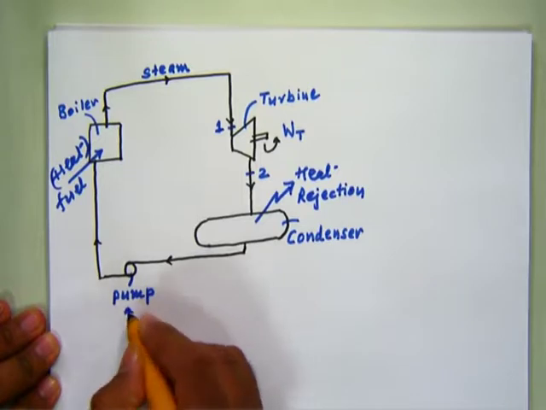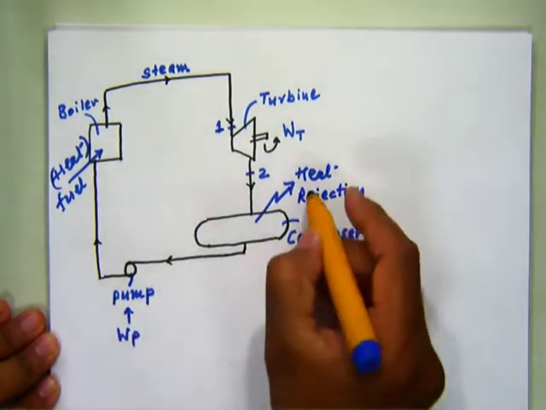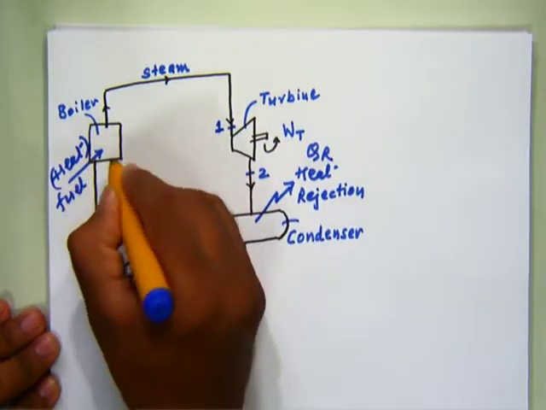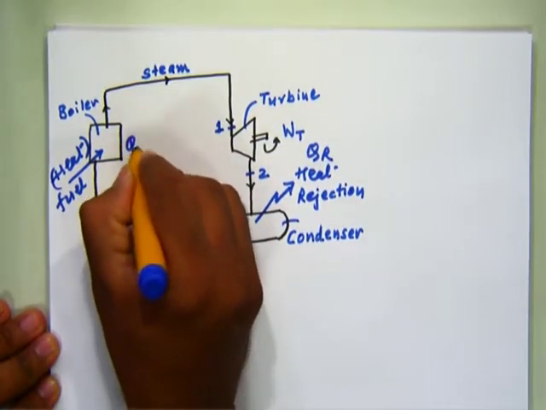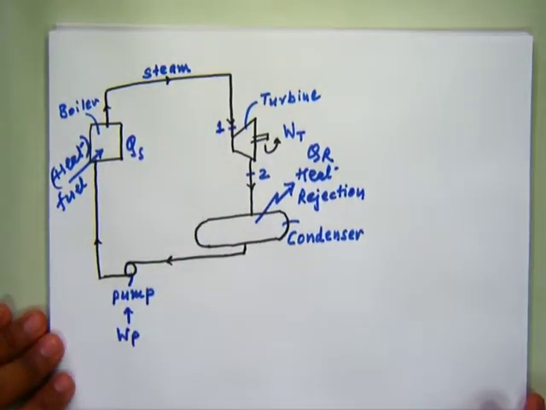So here it is the pump work, that is WP. Here it is heat rejected, say QR. Heat addition is here QS. We are interested to carry out the analysis of the Rankine cycle.